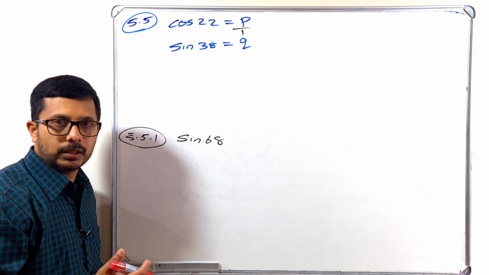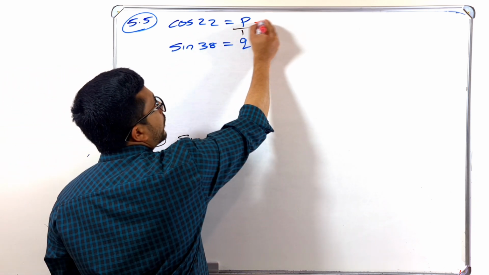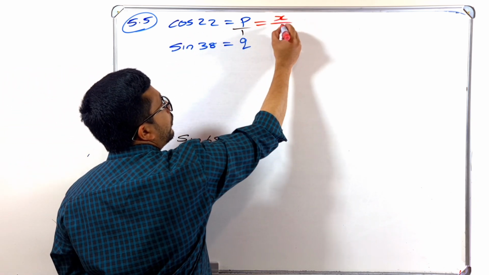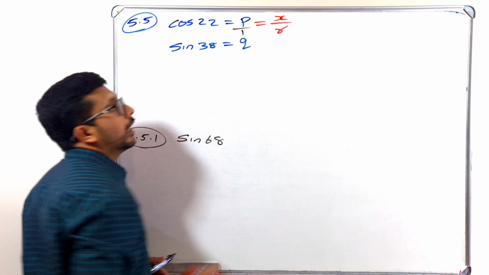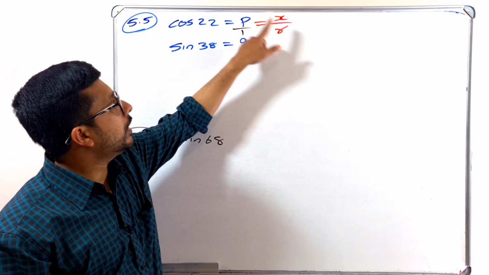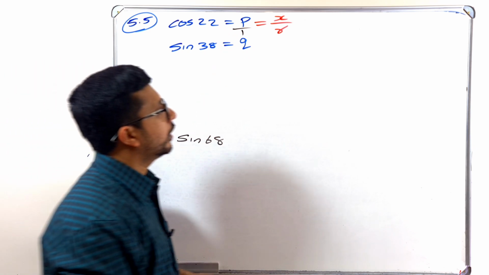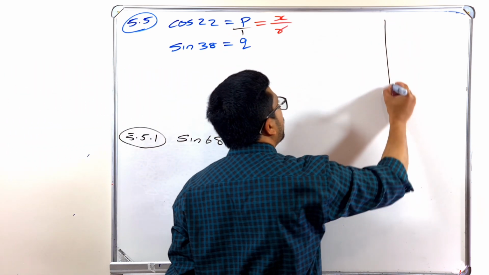Adjacent side by hypotenuse. Do you remember the first question? Adjacent side we represented with x and hypotenuse we represented with r. So it means that the value of x is p and the value of r is 1. Let's try to draw a Cartesian plane with that.